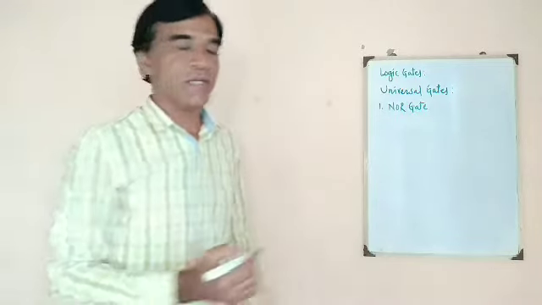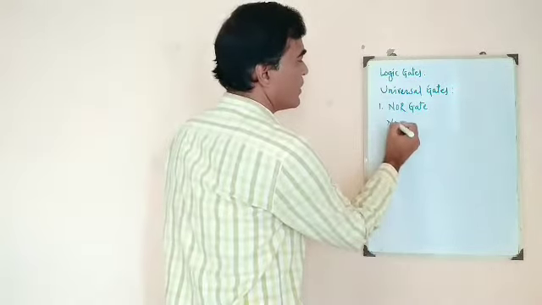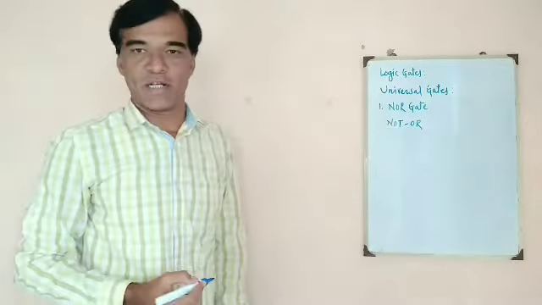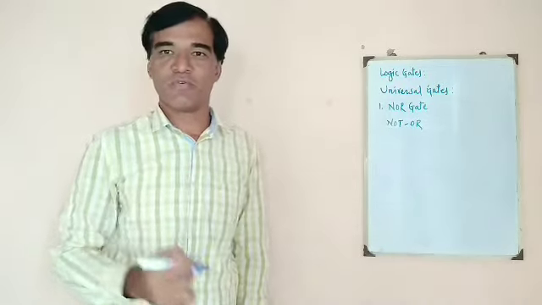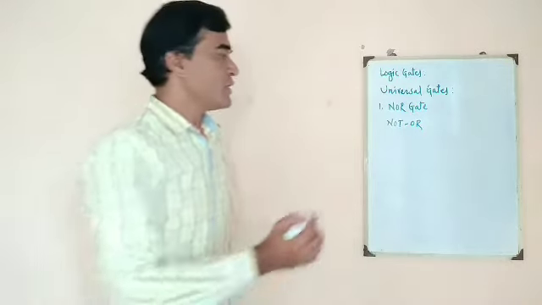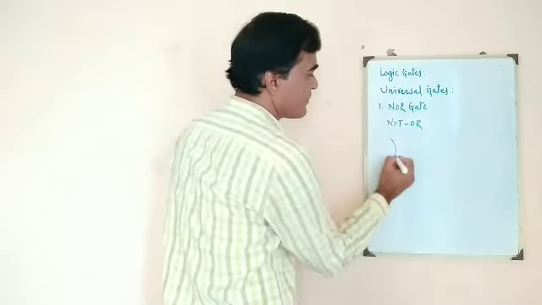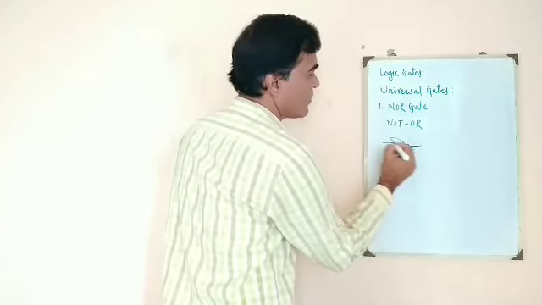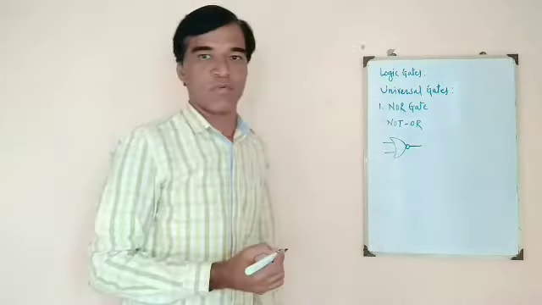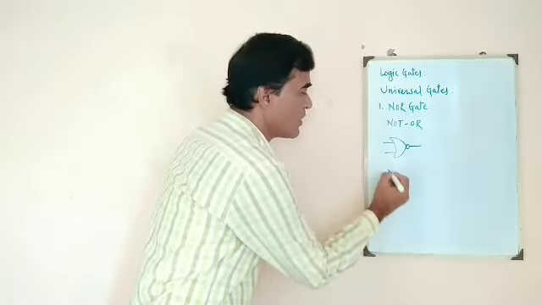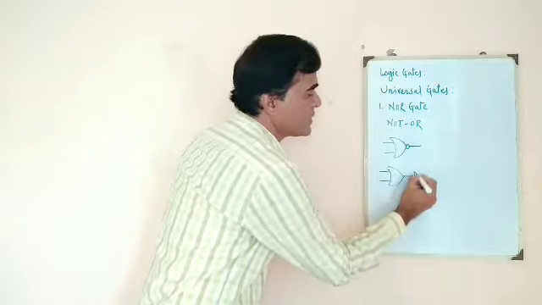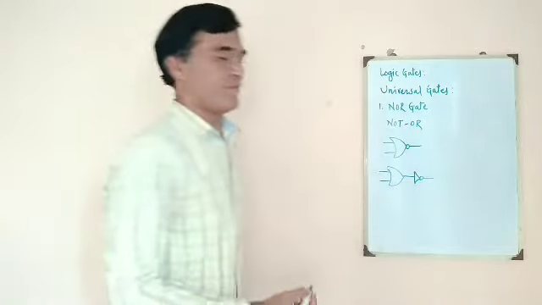NOR is basically a NOT OR gate combination. It is NOT of OR. The symbol for NOR gate is this, which is basically an OR gate in series with a NOT gate.